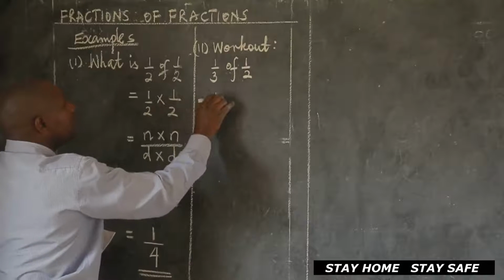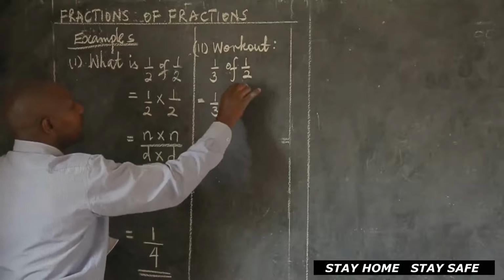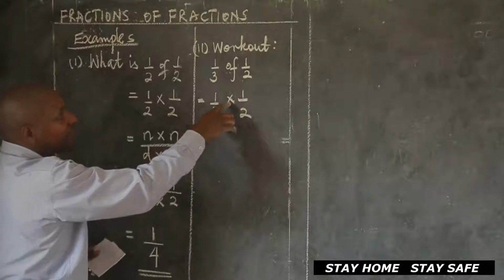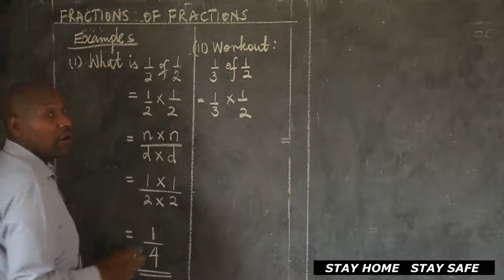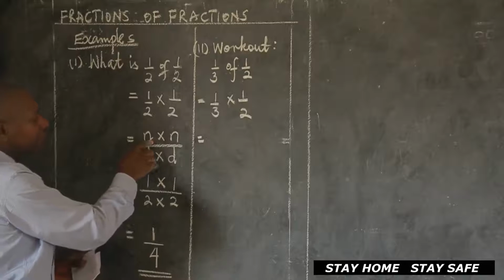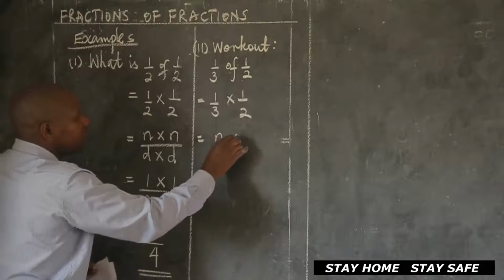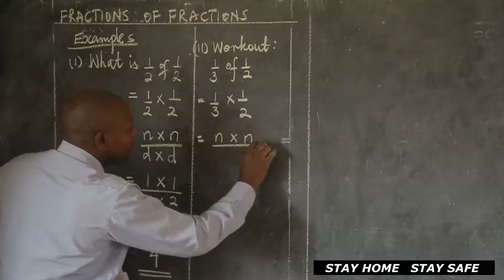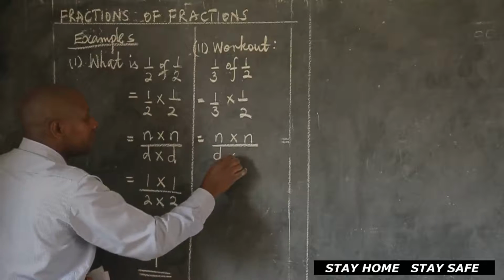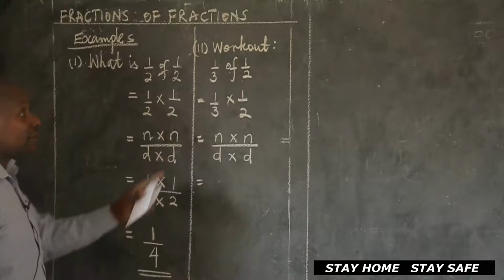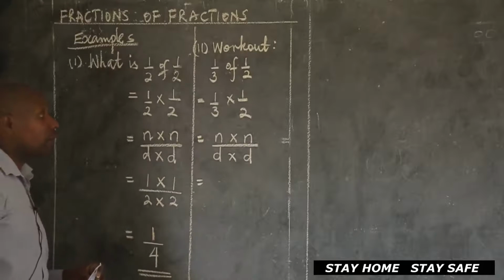This means we get a third times a half. This times or multiplication sign is coming from the word "of", okay? So what have I said here? Get a numerator times the numerator on the opposite side, out of the denominator times the denominator on the other side, okay?